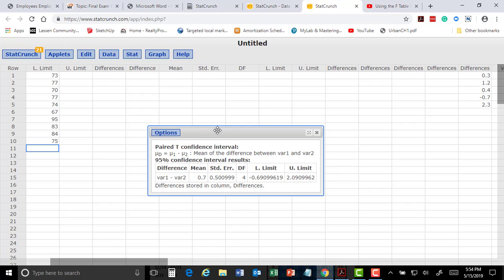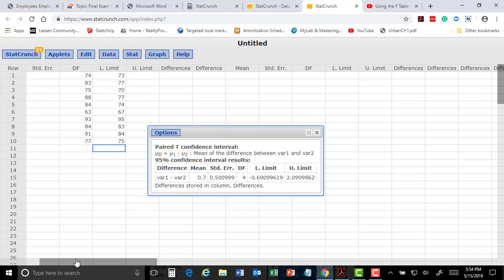Are my numbers correct? Wait a minute. What happened here? Oh, it's over here. Okay. My differences are over there. Are these numbers, let's see: 74, 83, 75, 88, 84, 63, 93, 84, 91, 77, 75, 84, 95, 67, 74, 70.